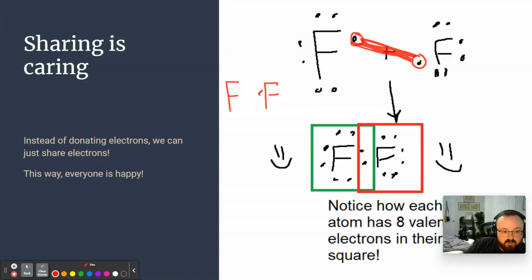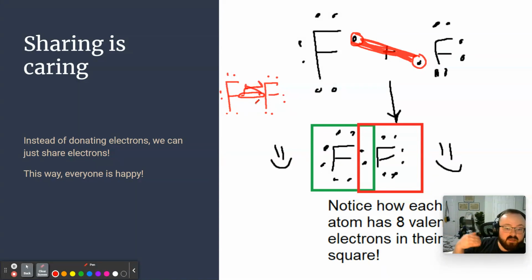We have one electron here, and then we have the other valence electrons, like here. These two electrons will form a bond. What that means is that both of our atoms have access to this electron. This electron ends up over here, and this electron ends up over here.